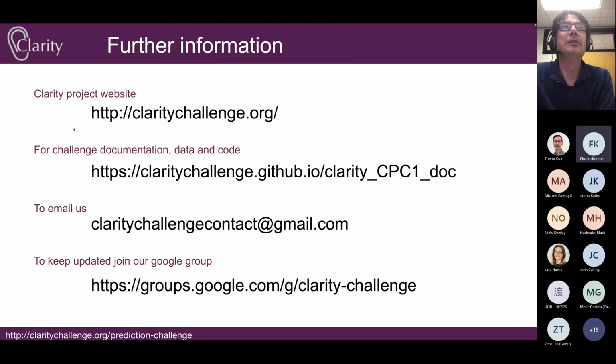For any further information, you've got the Clarity project website itself. The challenge documentation is all up on this GitHub site. If you go to the main Clarity project website, you'll find a click through to this challenge documentation site. So most of the information I've been giving you is actually coming from this site.